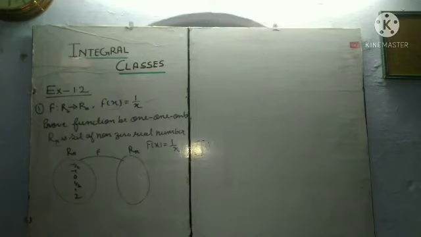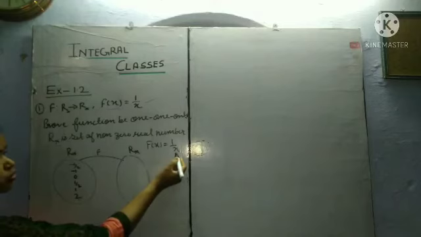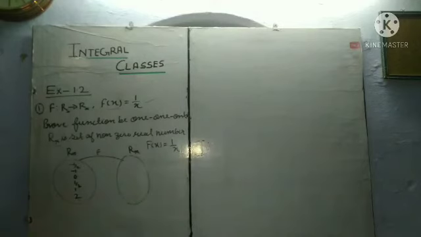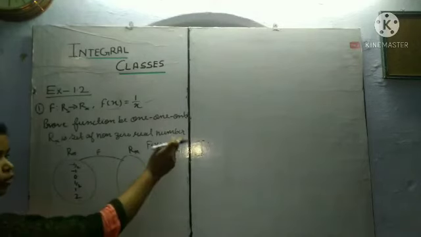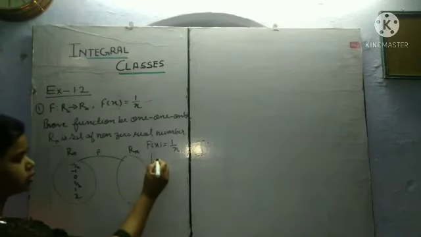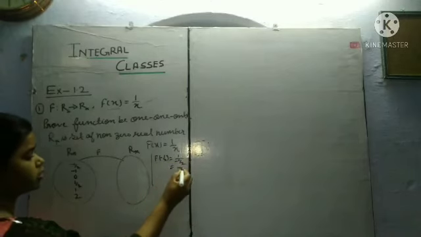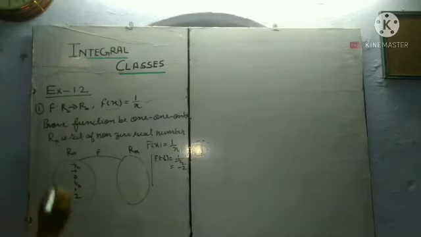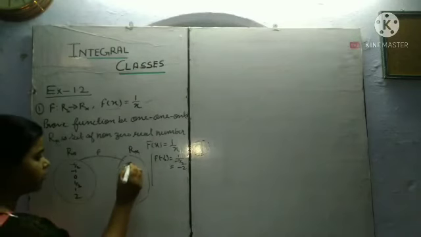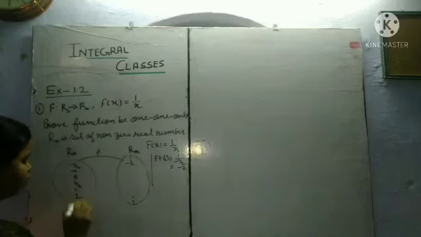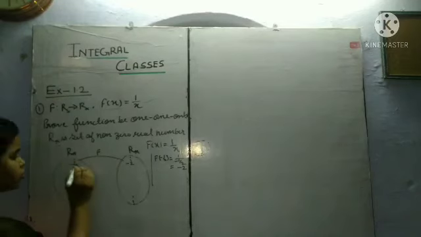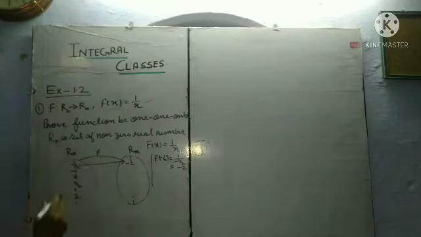Now if we put x equal to -1/2 in f(x), how? Then 1 upon -1/2 is equal to -2. So we get -2, and infinite numbers are also contained. So the image of -1/2 is -2.